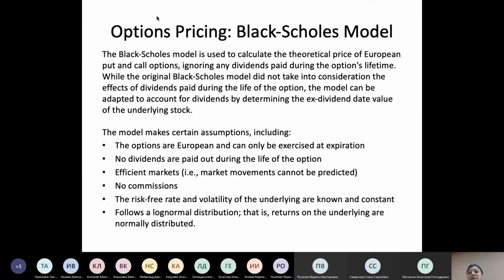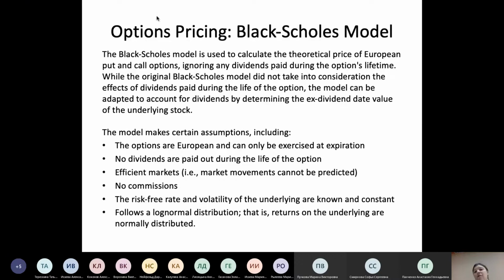As you can notice, the Black-Scholes model was created, first of all, for financial options. And then the parameters of the Black-Scholes model from financial options were transformed for real options.